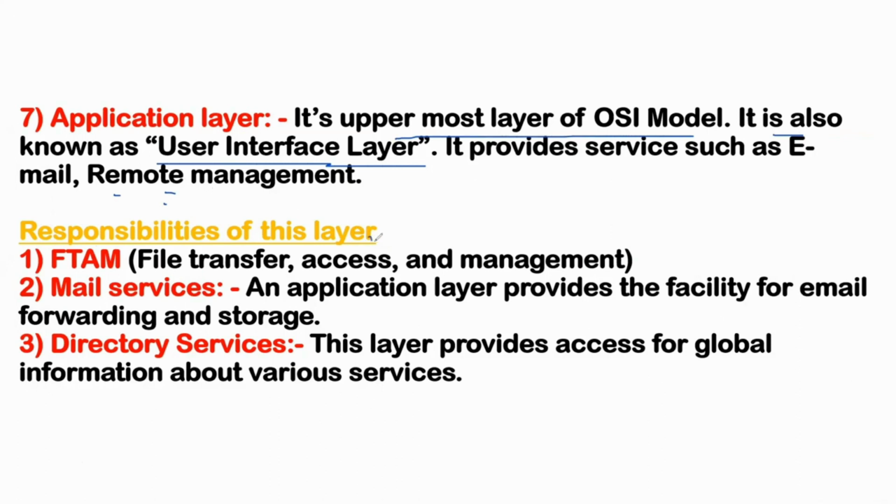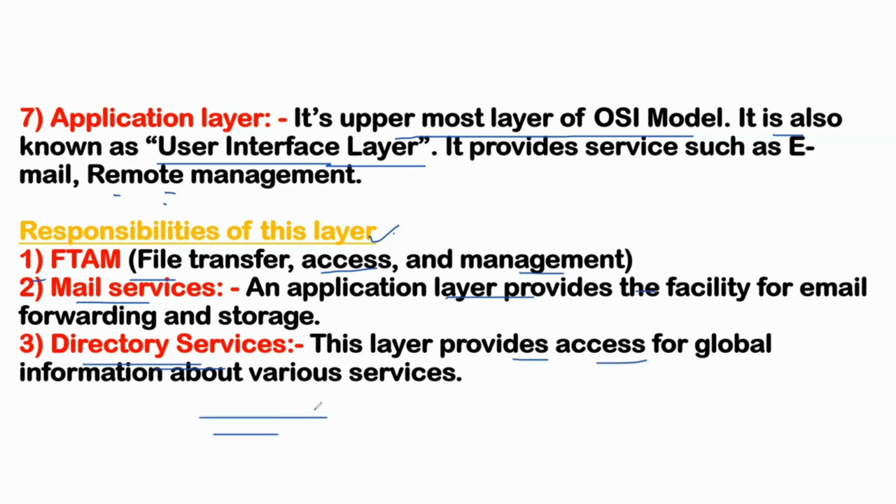The responsibility of this layer is FTAM, meaning file transfer: you can send files by any protocol or application, access the files, manage the files, or use mail services. The application layer provides the facility for email forwarding and storage, with mail services like Outlook, or, if you use a browser, Gmail and Yahoo Mail. We also have directory services, which provide access to global information about various services.